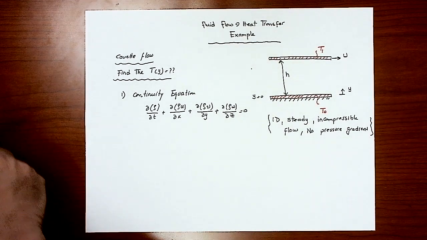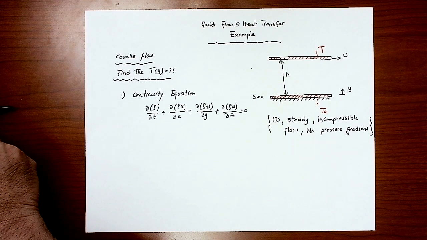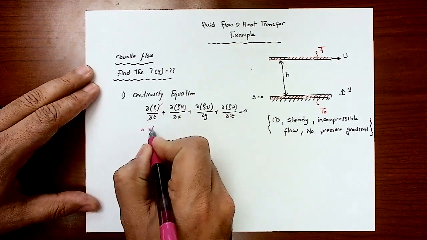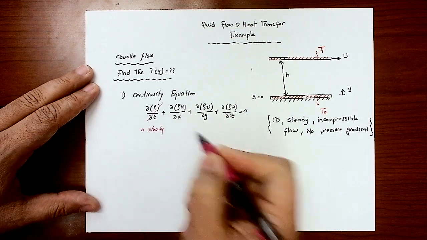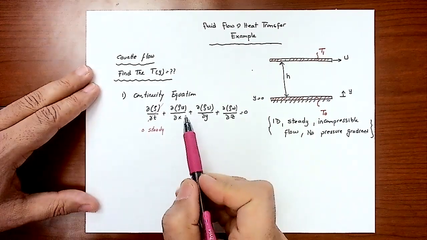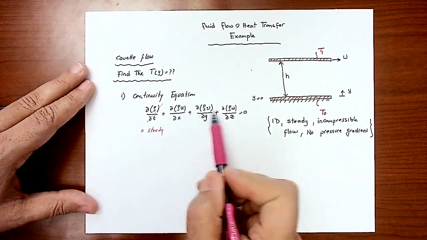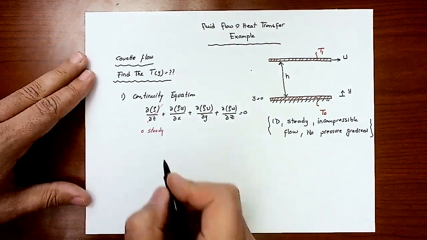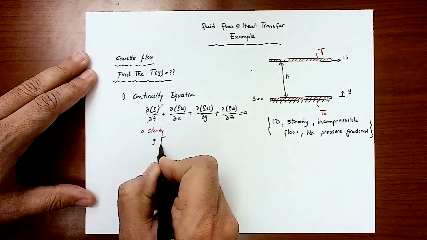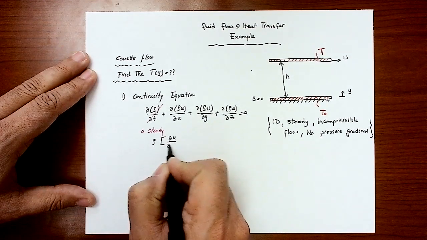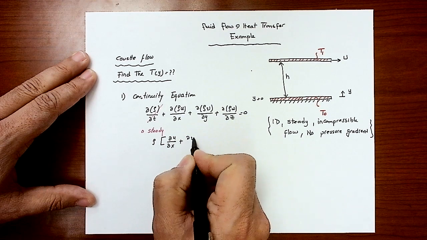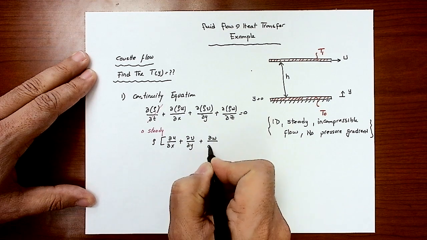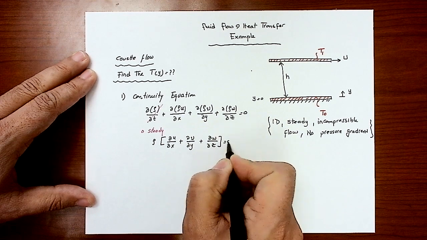Since we are doing steady state, this term will go away. So this is 0 for steady. And since we are dealing with incompressible flow, I can take the density rho out of this equation. So I'm going to end up having rho times partial u by partial x plus partial v by partial y plus partial w by partial z equal to 0.